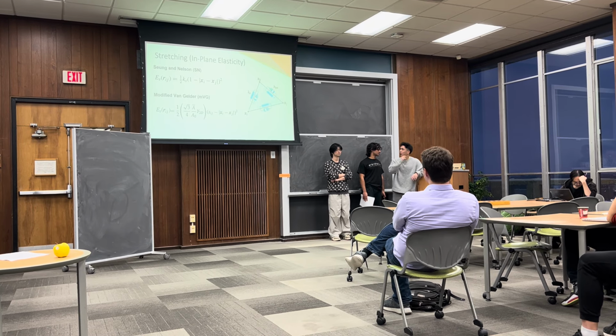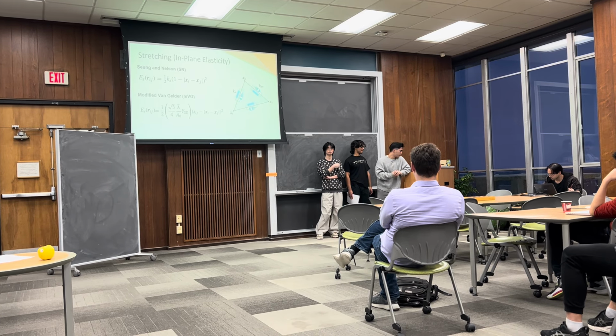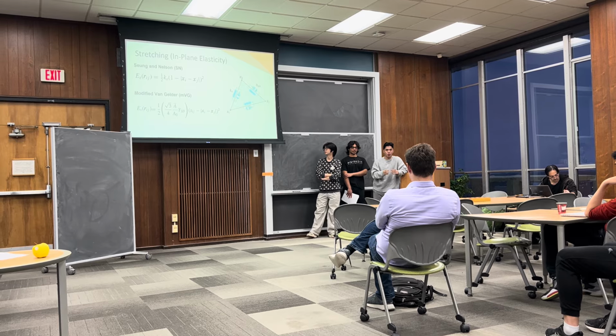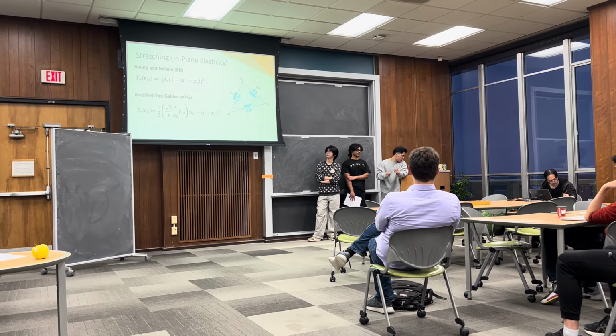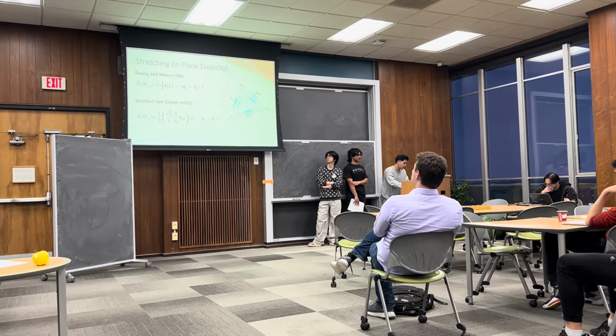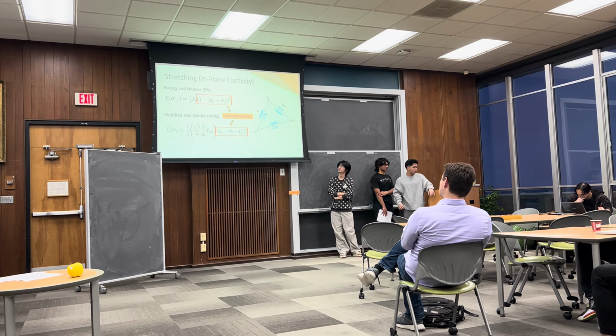So first, let's dive into the stretching in-plane energy, which, as we've discussed, treats every edge as a spring in the model, and if there's any displacement, we apply energy to it. And the key term right here is the spring displacement.